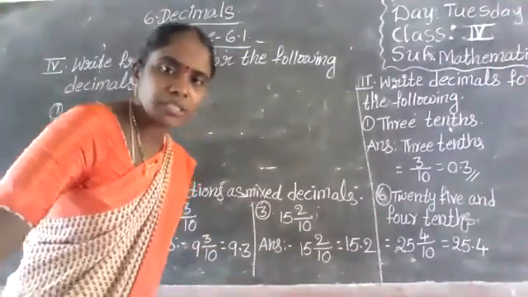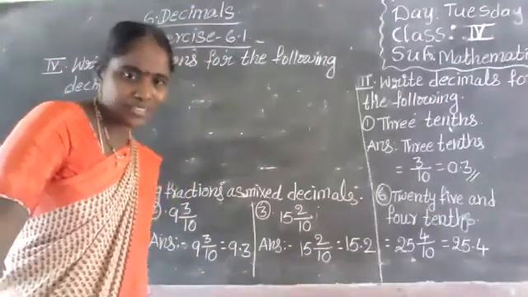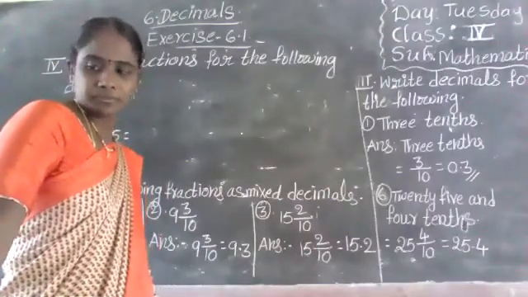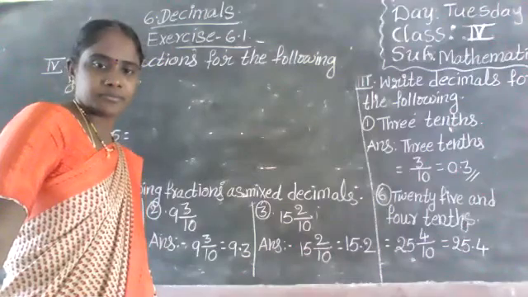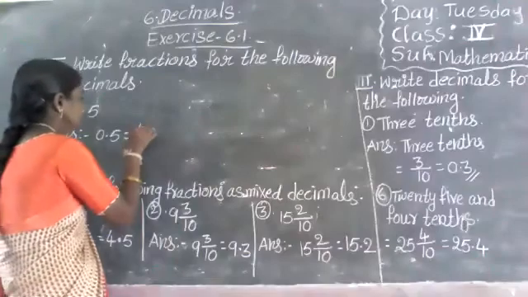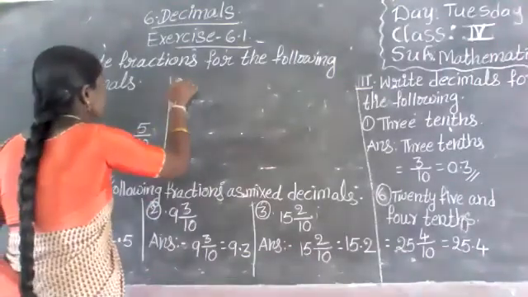Manichandana, you are sending something but not coming. Yes, 5 by 0. Alekya, 5 by 0 or 5 by 10? Yes, very good. 5 by 10. Okay. Next is the second one.